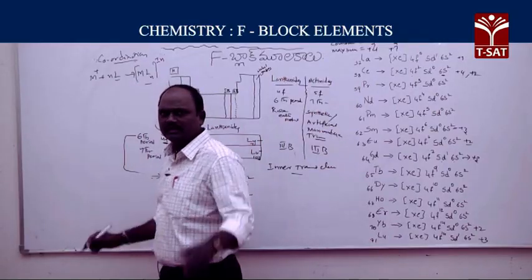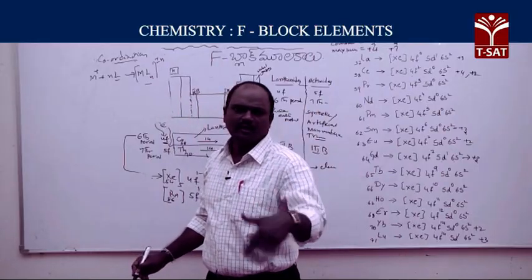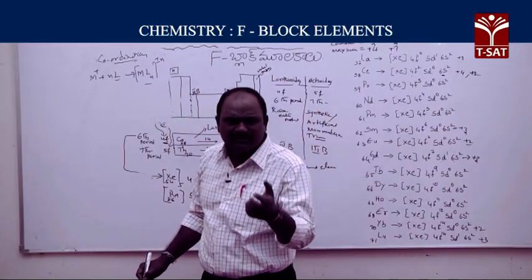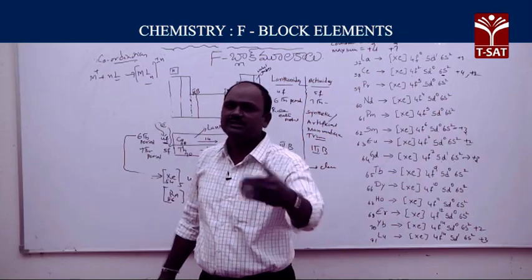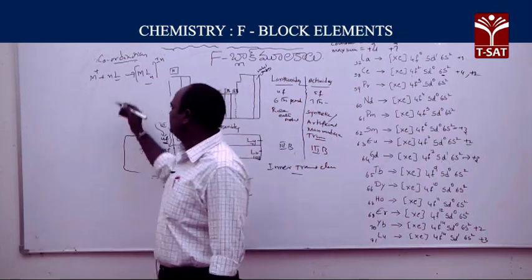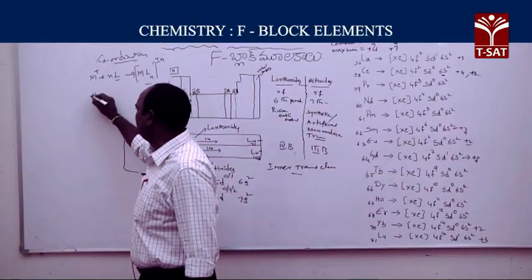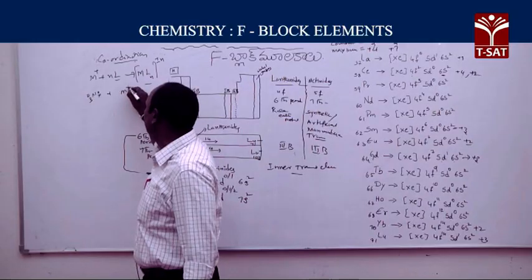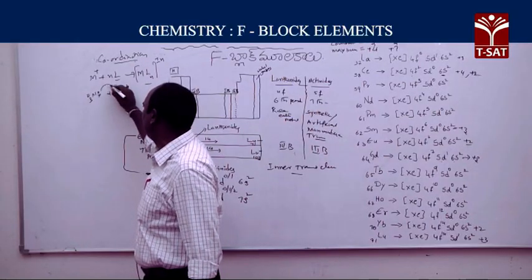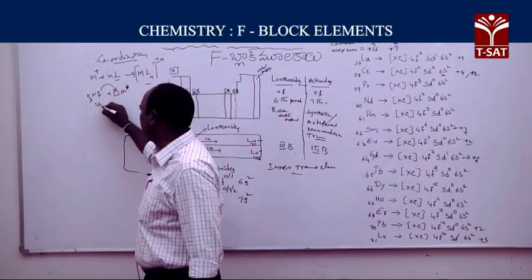A ligand is a molecule or ion which has the ability to donate a pair of electrons towards the central metal cation. For example, NH3 is a ligand. It is donating the electron pair towards the metal ion, therefore it is a ligand.